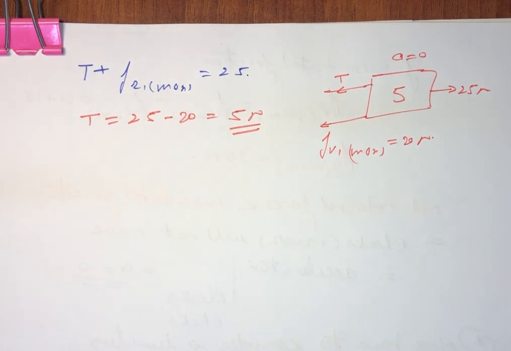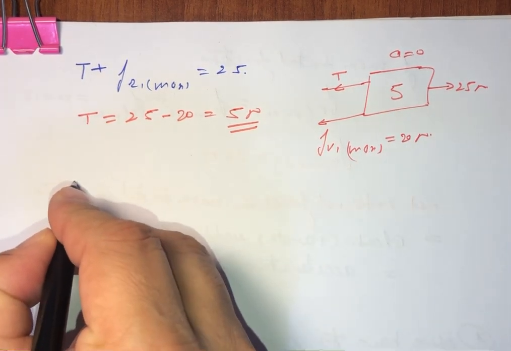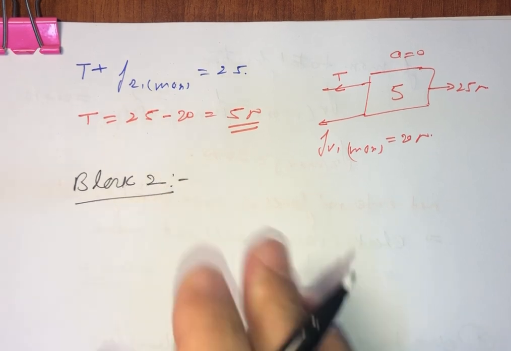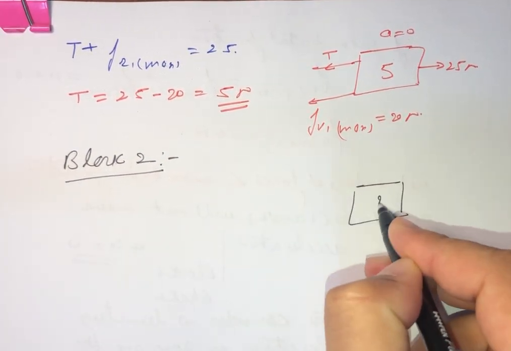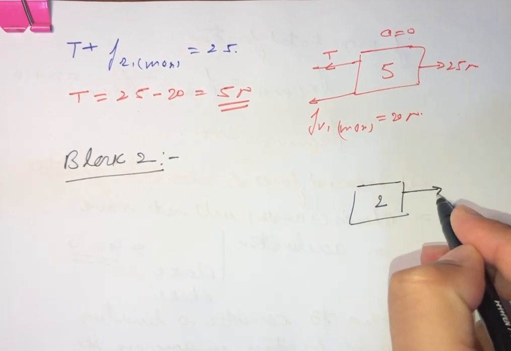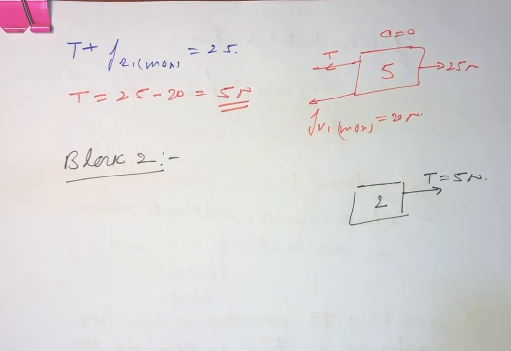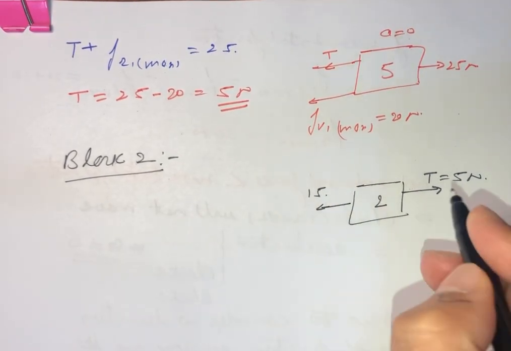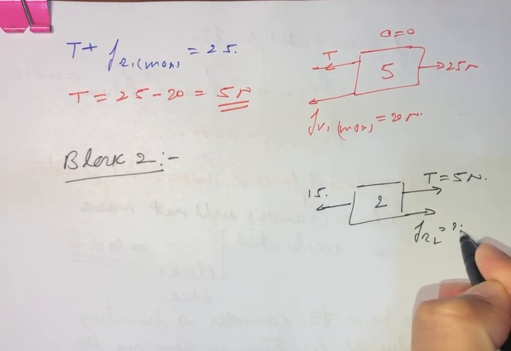Now we are going to verify our consideration by using the second block, that is block number 2. We have a 2 kg block. There is a tension T whose value is given as 5 Newton, and the force being applied is 15 Newton, and we have Fr2 whose value we are going to find out.